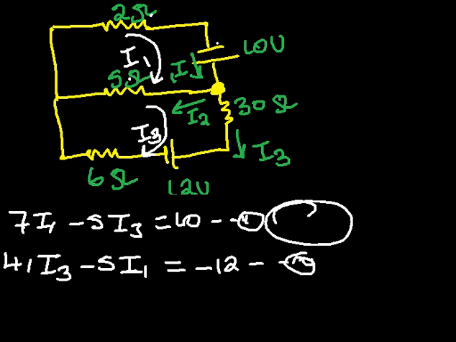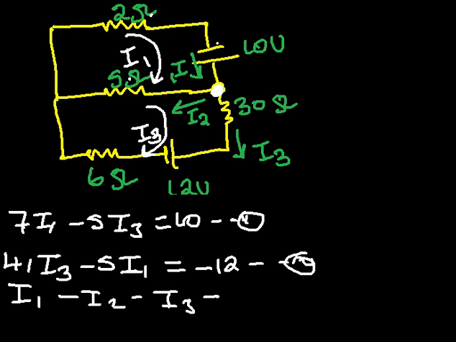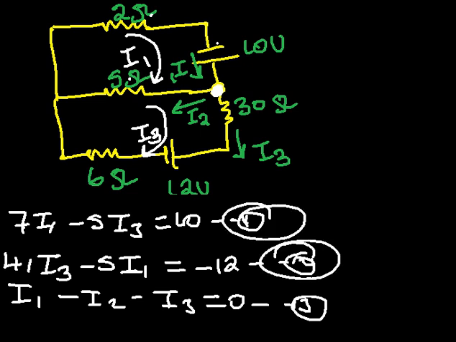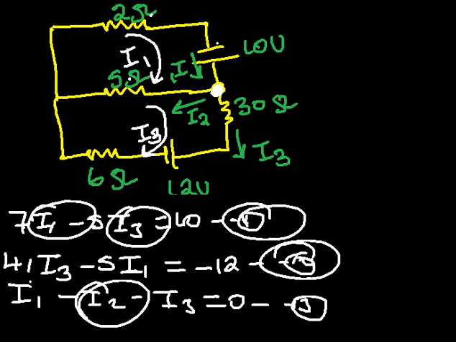What you are remaining with is the current law. Now this is the junction of interest. You can see that I1 is entering the junction, and I2 and I3 are leaving the junction, equal to 0. This is equation number 3. So solve equation 1 and equation 2 for I1 and I3 simultaneously. Then upon having I3 and I1, substitute here and solve for I2.